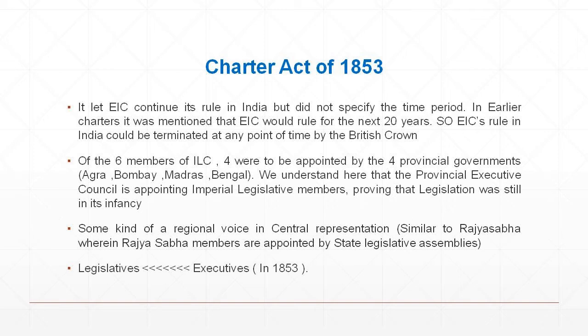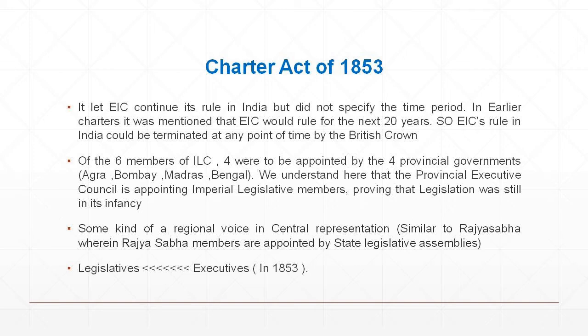In 1813 we have the Charter Act of 1813 which had its term till 1833, 1833 to 1853 and so forth. But in 1853 no such time period was mentioned defining the period for which East India Company would rule India. It means that the company's rule could be terminated by the British Parliament anytime they like. Anytime they like, they could take over the Indian rule from East India Company.